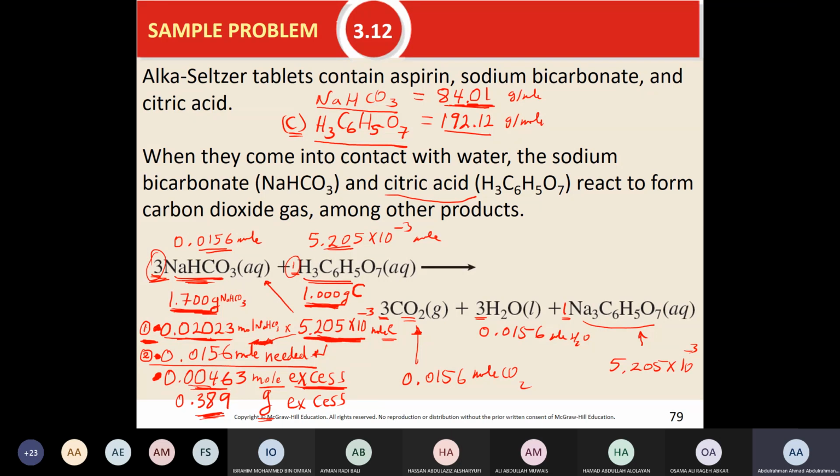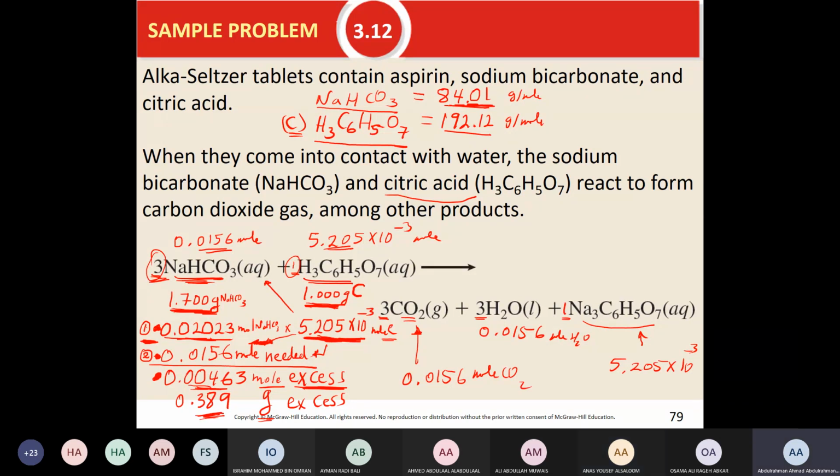Doctor, clear? Yes. If there is no excess substance, does that mean there is no limiting substance? Yeah, of course. If there is no limiting, it means there is no excess. Doctor, how did you know that 0.0156 is needed?